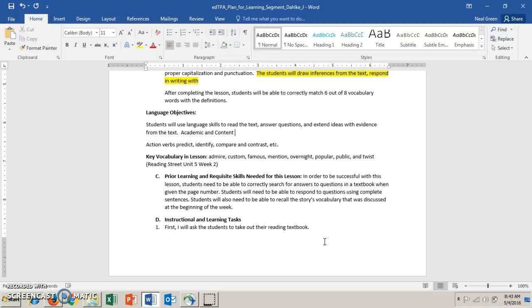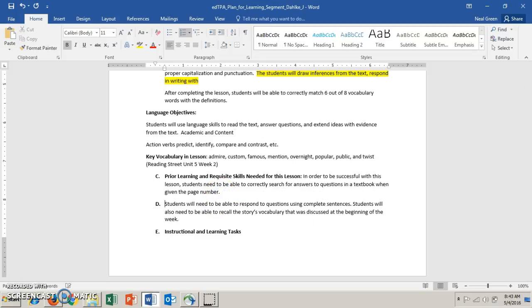Okay, I'm just thinking. Maybe put those in bullet points, because these are what you want them to do, and break that up into bullet points to make it easier to read.